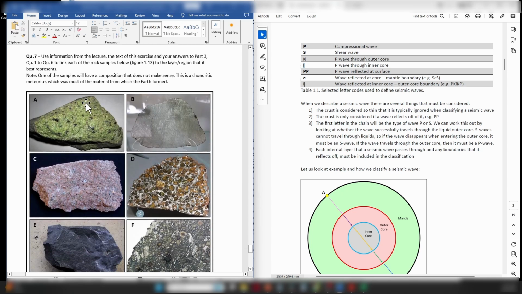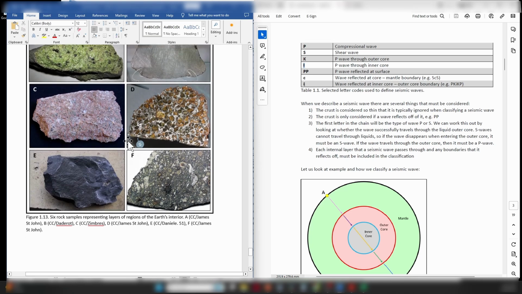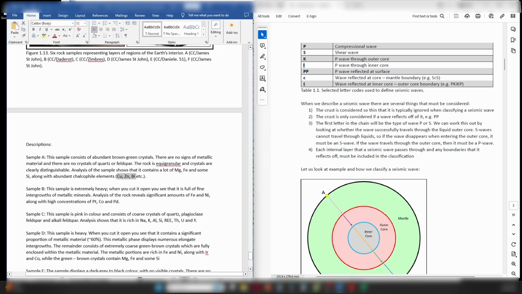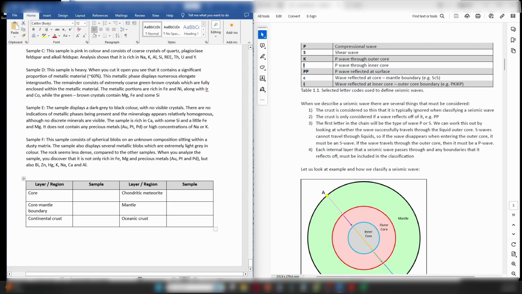So then we come on to question 7. And in question 7, you can see that we have 6 distinct samples of rock. Based on the samples themselves, and also a description for each sample, which contains information about the elements that are present in that sample, it's your job to try and work out which layer each of these 6 samples represents. The core mantle boundary, the continental crust, a chondritic meteorite, the mantle, or the oceanic crust.